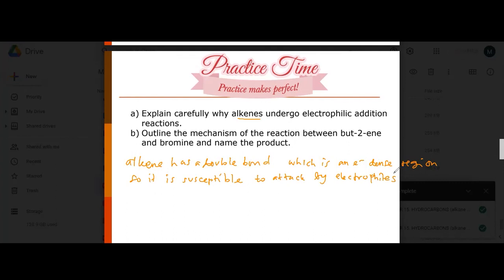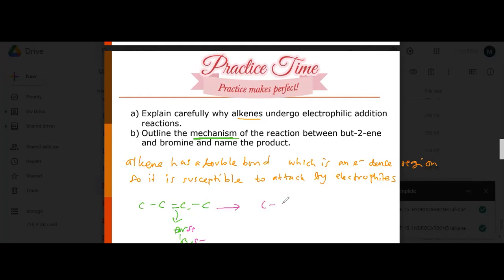Outline the mechanism of the reaction between but-2-ene with bromine. Outline mechanism. That means every time you see the word mechanism, you should draw the curly arrow to show how the electrons move. Don't forget the partial positive and negative charges always. If not, the points will be reduced.